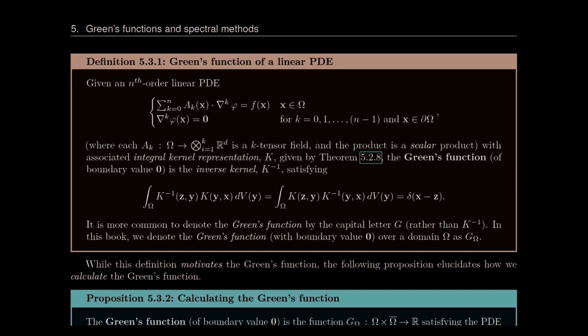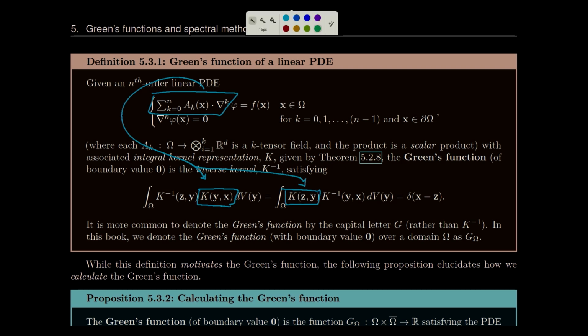And what we know from the last section is that we can just translate this operator into a kernel k. In fact, it's this kernel as well. We define the Green's function as the kernel, or just the function of two variables is all it is, right? So the Green's function of boundary value 0, and that corresponds to the fact that our original PDE had boundary value 0, which itself corresponds to the fact that we were in the space of test functions.